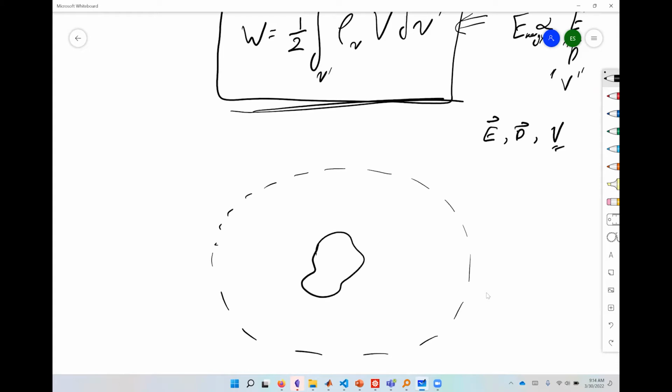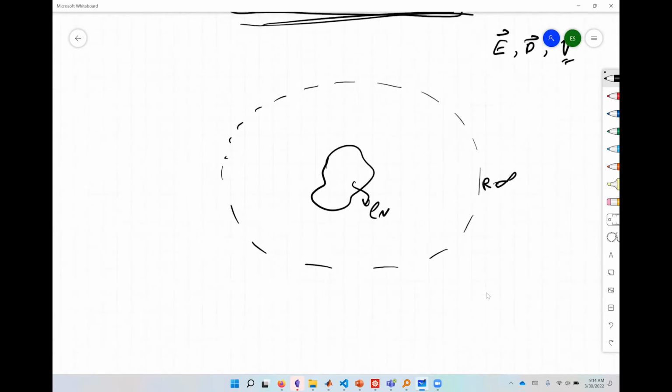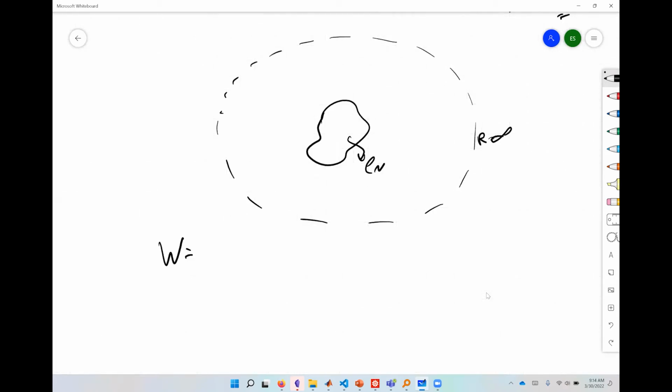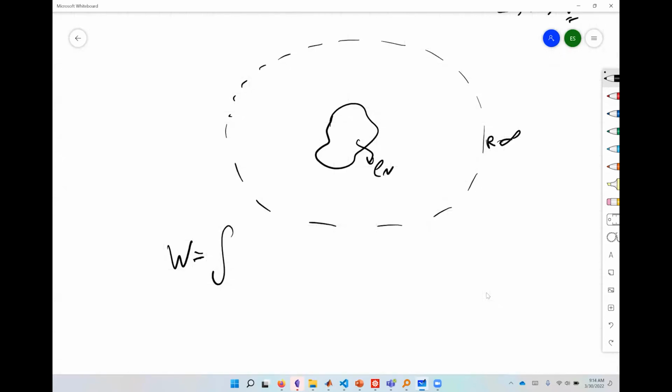So this is some mass with some charge distribution, rho V, and this is R equals infinity. And we will shift our perspective a bit. So the integral for energy is over the source, right? V prime, rho V, V, dV prime. That's how we derive it.